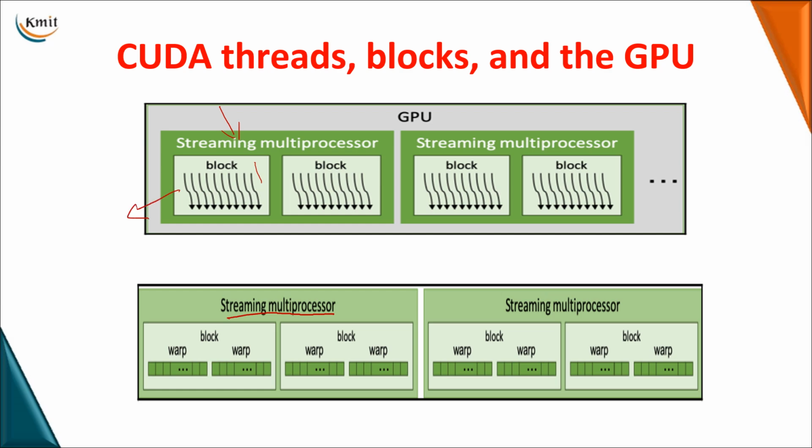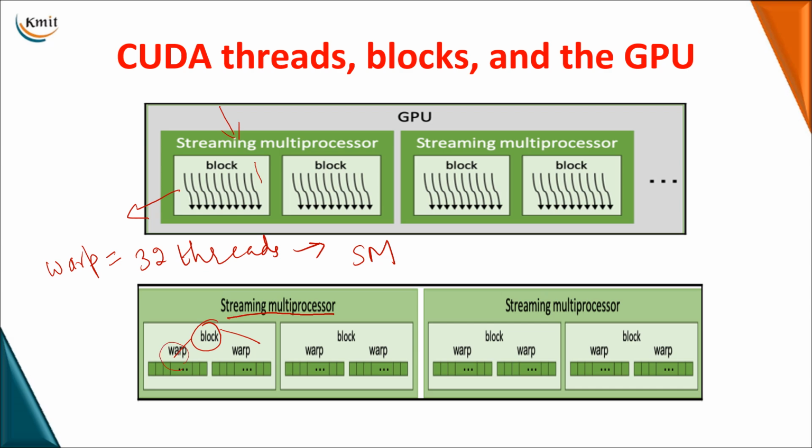Now we see a different unit of threads, which is nothing but a warp. A warp is a collection of 32 threads, and this is the basic execution unit to be executed on your streaming multiprocessor. So even though you give a block to your streaming multiprocessor, internally your block will be divided into multiple warps, and each warp will be executed on your streaming multiprocessor.